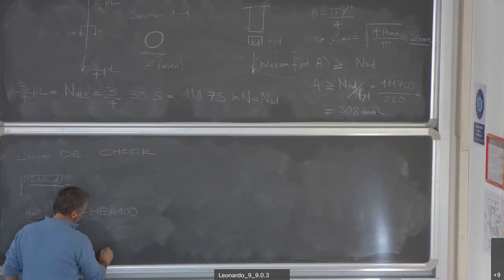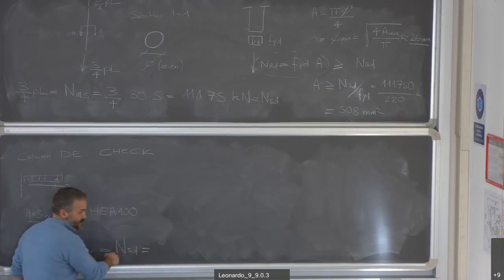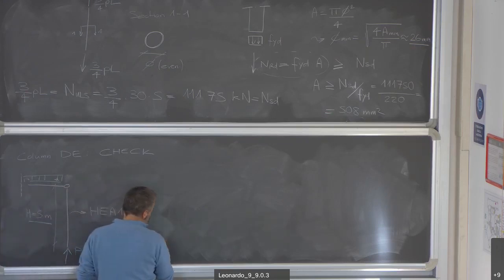Again, what is the load? The acting load. So this would be called NSD, acting load. It's ultimate limit states, 30 times 5 divided by 4.